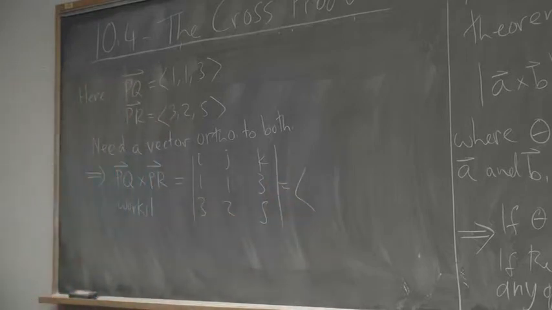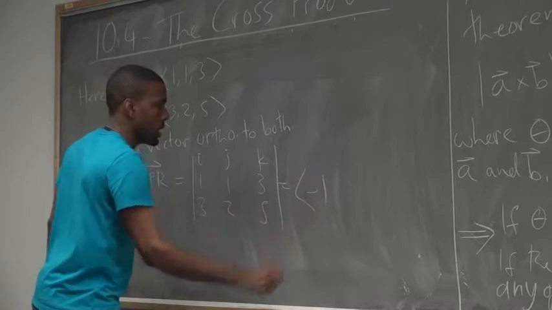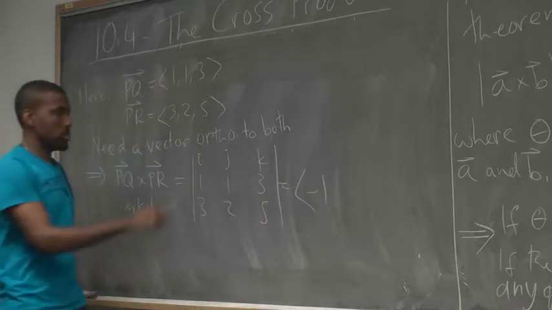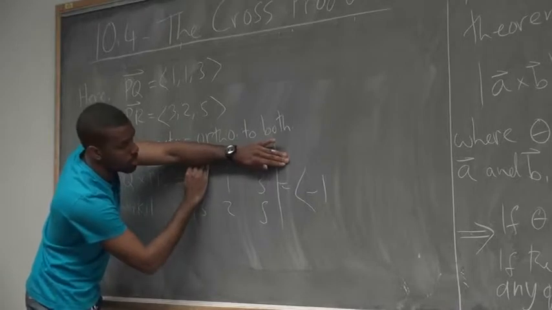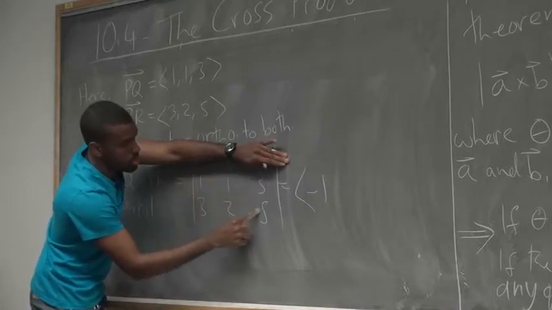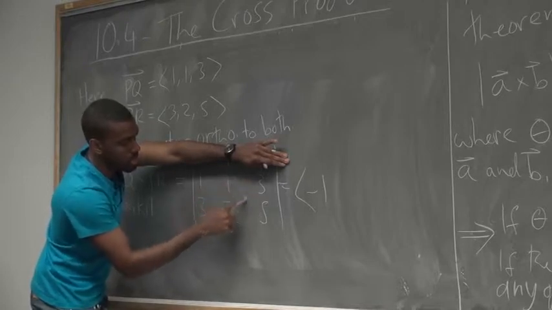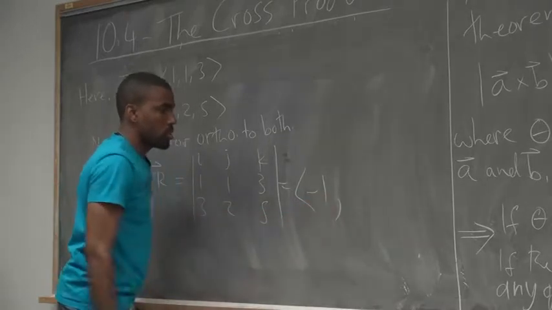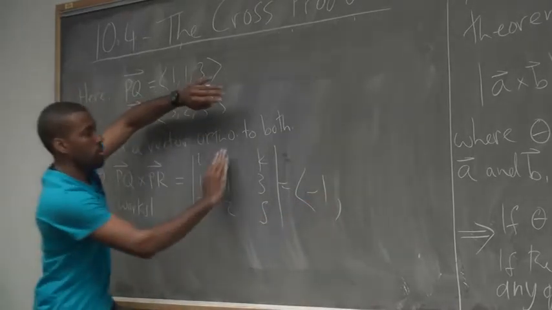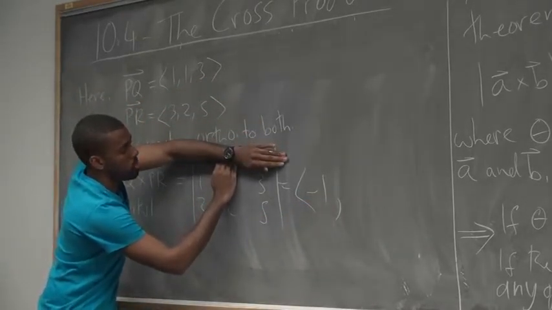Going to find the vector here. So what's the vector going to be? -1, 4, -1. How do we get -1? For the I, everything in that column and row, you block it out. You get a rectangular array of numbers here. This times this minus this times that. So that's 5 minus 6, which is -1. For the second coordinate, you block out everything in the J column and row.